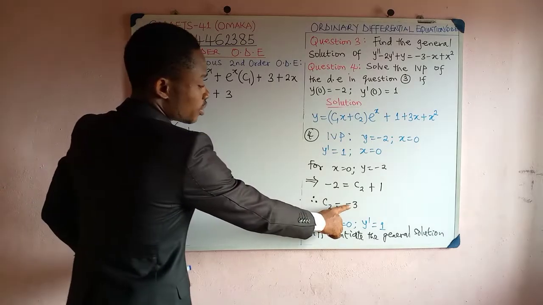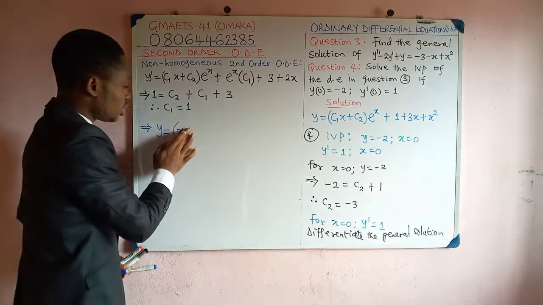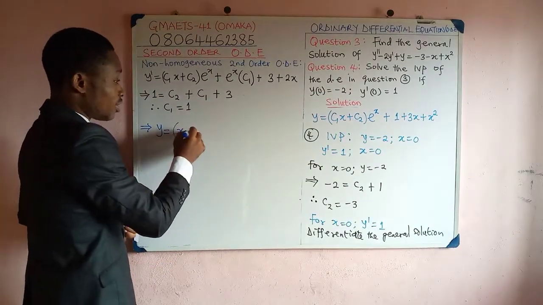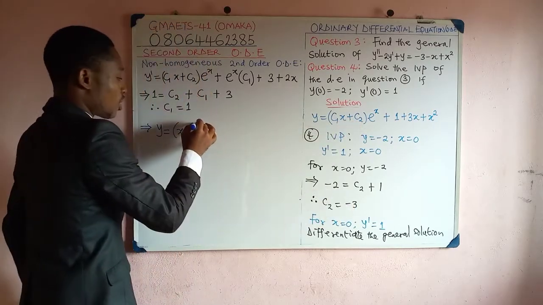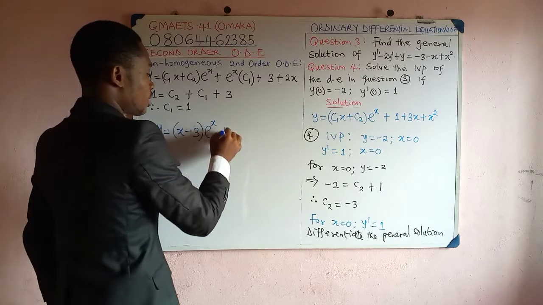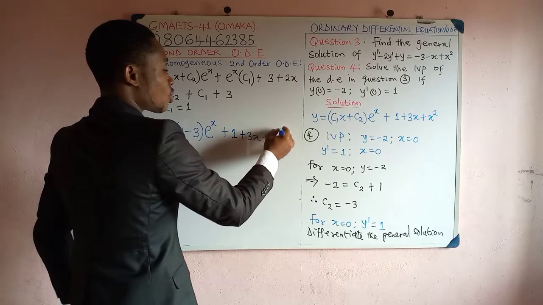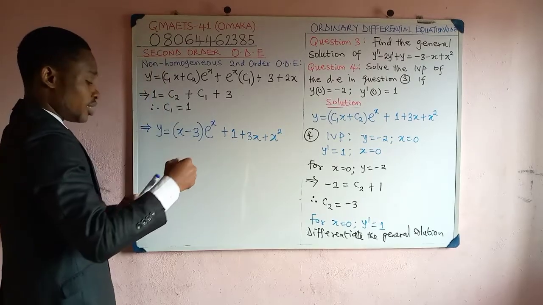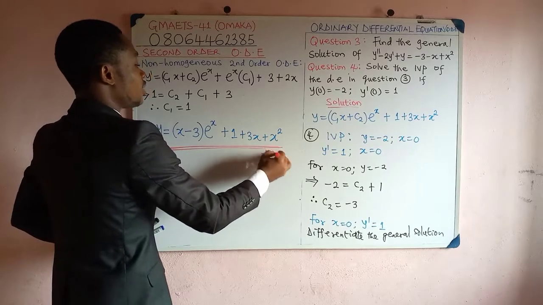We obtained our c2 here to be minus 3. So this plus will change to minus. So it's going to be (x minus 3), because c2 is minus 3, and close this in brackets, exponential x, and then plus 1 plus 3x plus x squared. And of course, this becomes the particular solution to this problem, our answer.